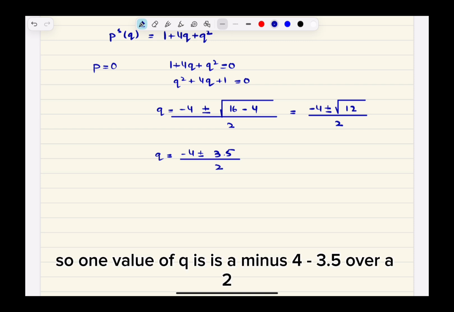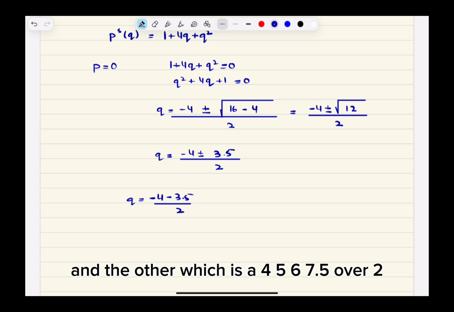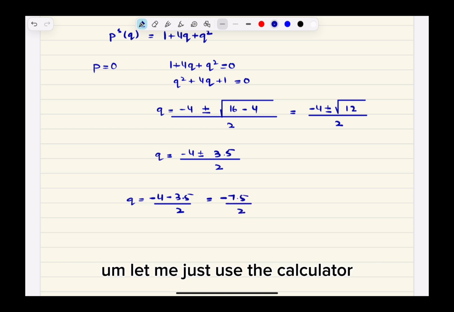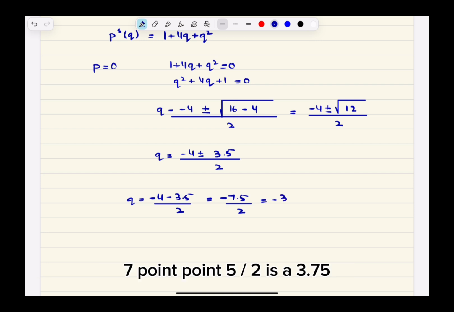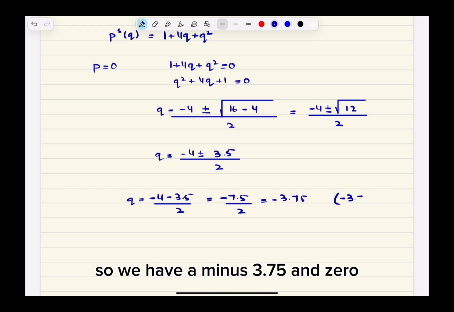So one value of q is (-4 - 3.5) over 2, which is -7.5 over 2. Let me just use the calculator. 7.5 divided by 2 is 3.75. So we have -3.75 and 0.